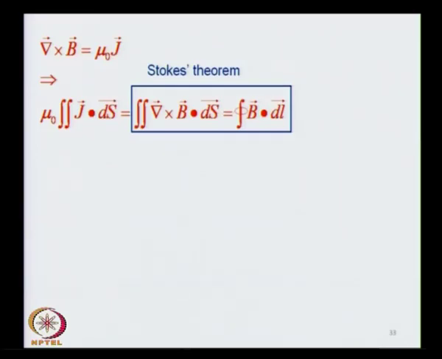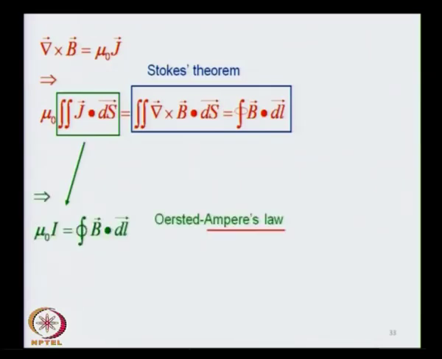And now, having exploited the Stokes theorem, we can now write this j dot ds. This integration will generate the net current, because this is the current density which is integrated out, you get the net current.